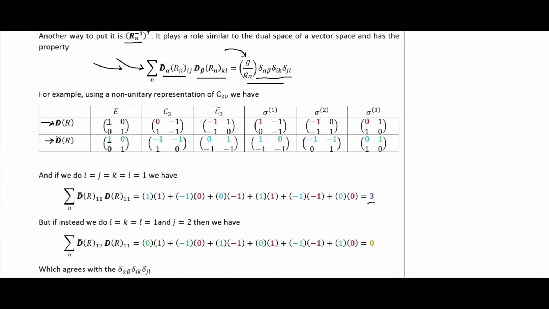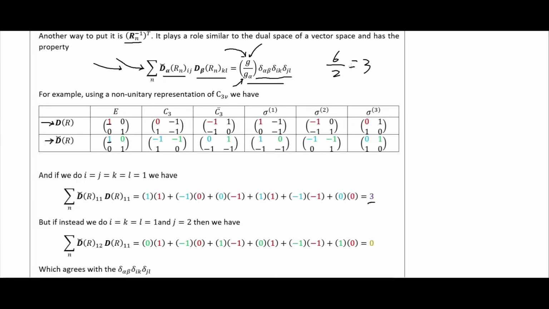That makes sense because the order of C3v is 6, the dimensionality we are using is 2, and so that should be equal to 3.